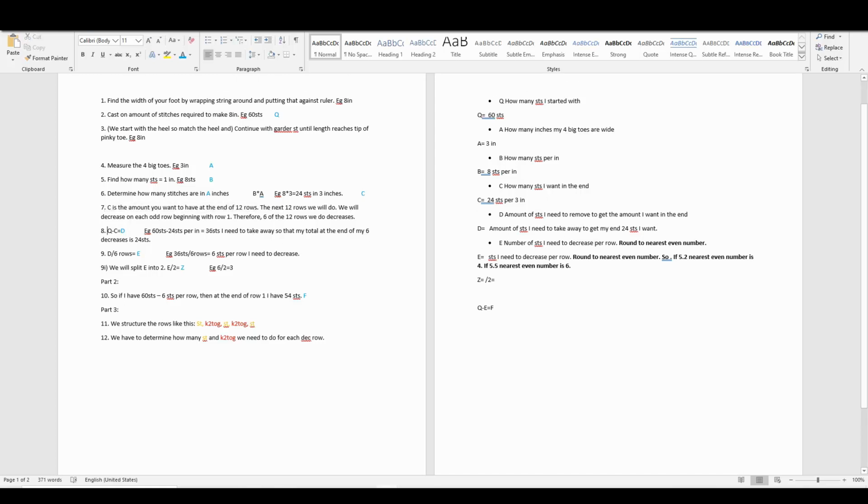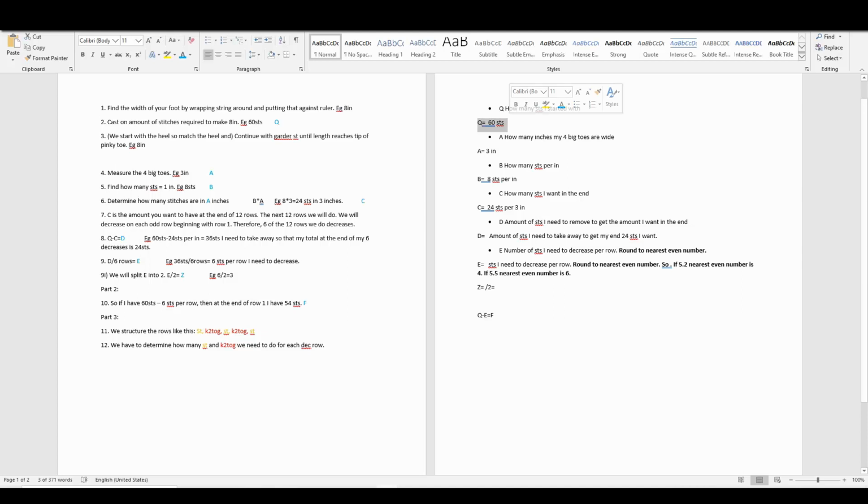So the equation is Q minus C. Q at the very beginning was 60, so 60 minus C. C is the number that we want at the very end. 60 minus 24 for me is 36. So 36 stitches is the amount of stitches I need to take away. That equals D. So I'm going to write that down. That's 36 stitches I need to remove to get the 24 that I want at the end of my 12 rows.